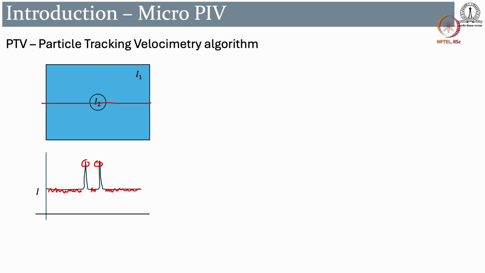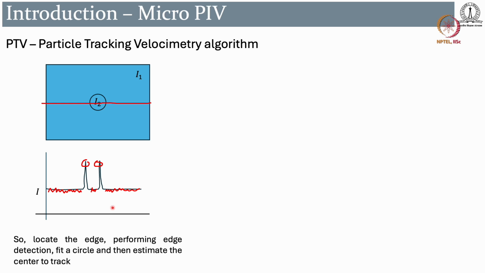So now what you need to do is locate the edges using these peaks, and then perform some edge detection algorithm. If you have the two edges, you can fit a circle to them and find the center of the circle. This can have some variation, but this kind of scenario is mostly rare.